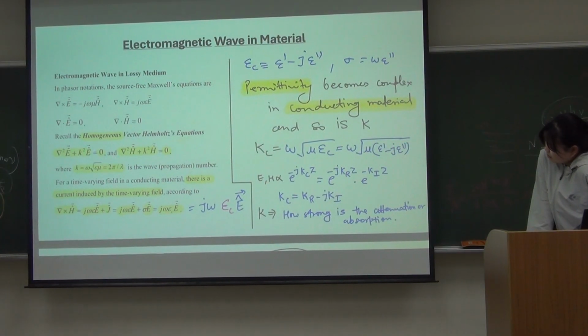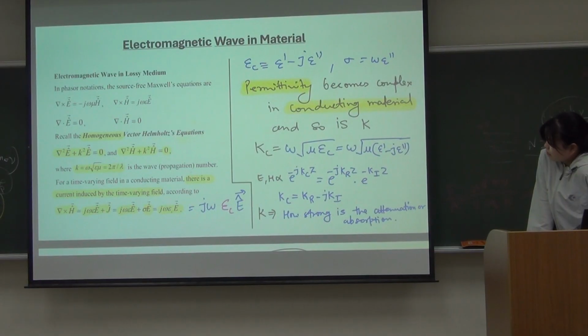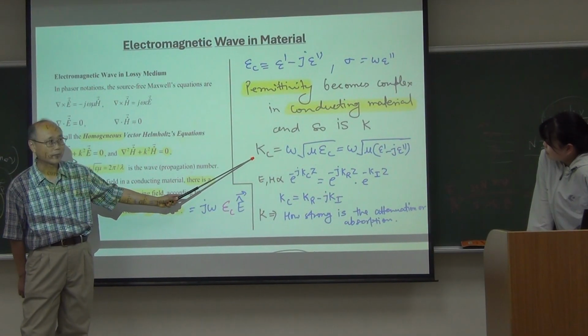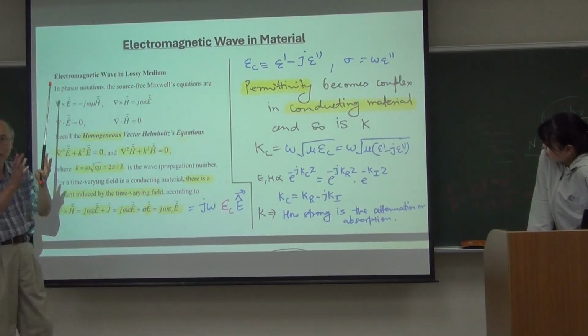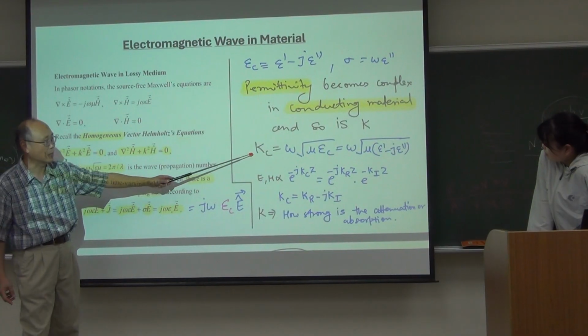So this permittivity becomes a complex number. But when you consider propagation of the wave in the material, what do you need to do? You need to deduce the propagation constant of the wave so that you know that it is propagating in the material, right? But what is most crucial for talking about propagation is this propagation constant.